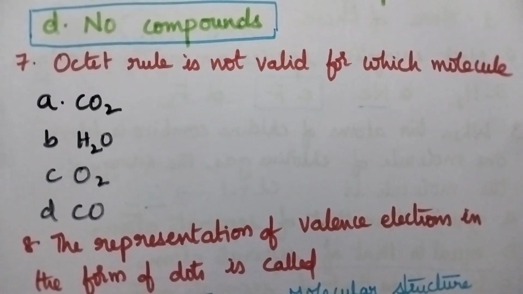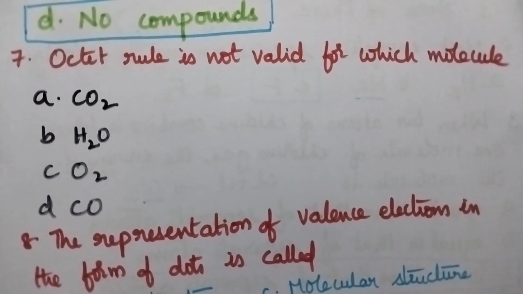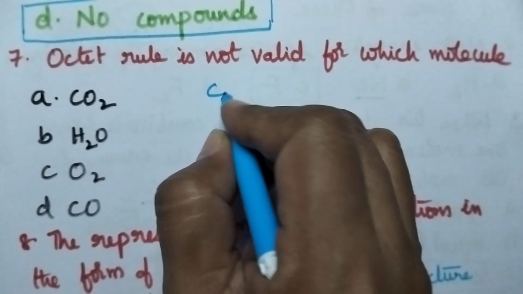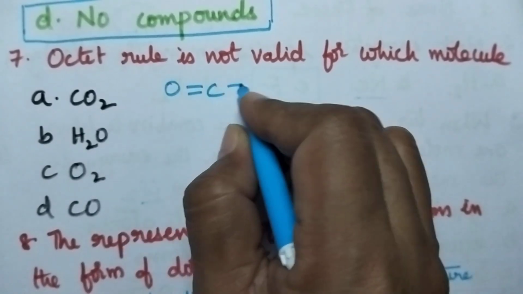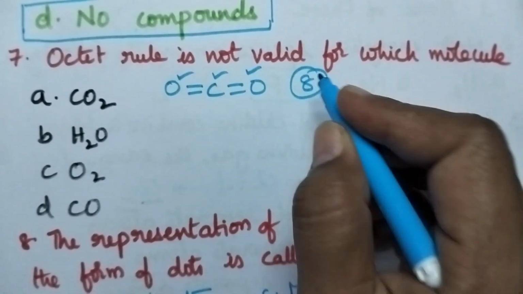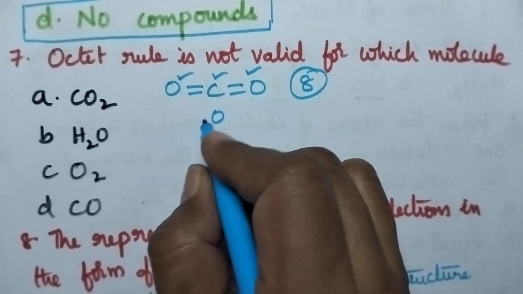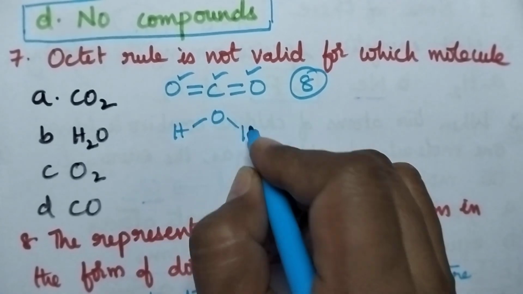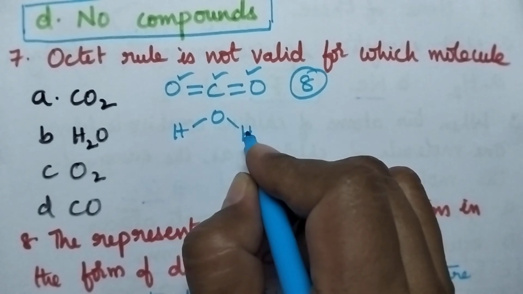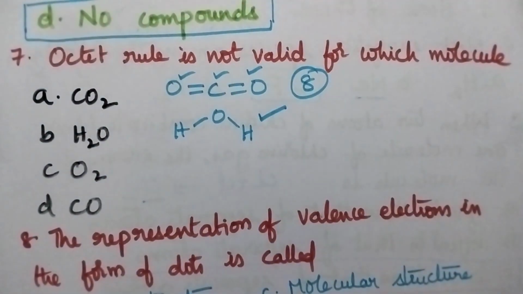Octet rule is not valid for which molecule? So when we consider the structure of these molecules, coming to the carbon dioxide, here each and every atom contains 8 electrons. Coming to the water, here also the oxygen atom contains 8 electrons, whereas hydrogen atoms contain 2 electrons. So octet rule is valid for water also.